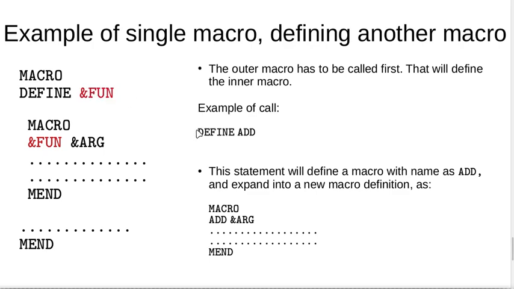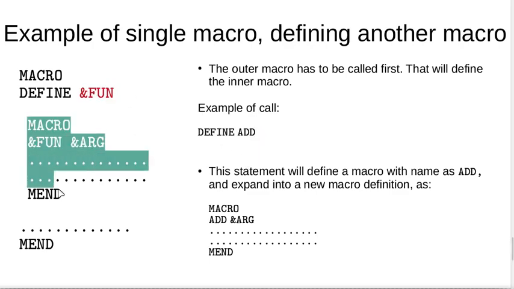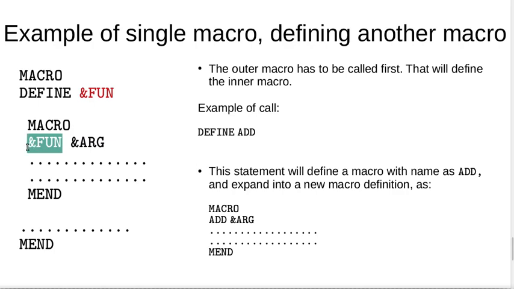And once we have called the outer macro, this statement will lead to the definition of this inner macro, right? And this macro will be defined with the name as add, because &fun now has a value called add. We have passed a value add for the argument &fun during macro call. Fine.